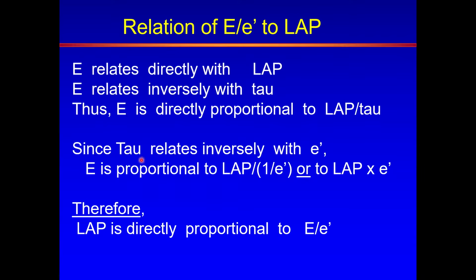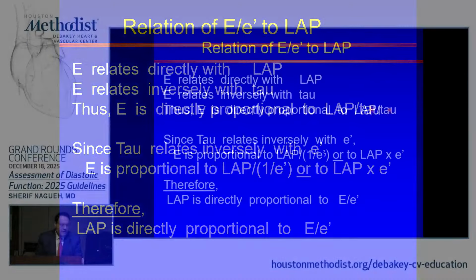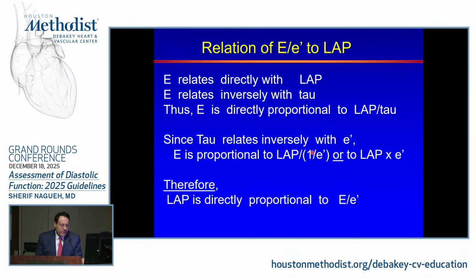Since the time constant of LV relaxation relates inversely with E prime, as you saw in the studies I showed a few minutes ago, we can remove the time constant and put in its place 1 over E prime, and we can rearrange to see that E is directly proportional to the product of pressure and E prime velocity. Because the interest is in left atrial pressure, we rearrange the expression and we come up with the E to E prime ratio as an index of left atrial pressure.